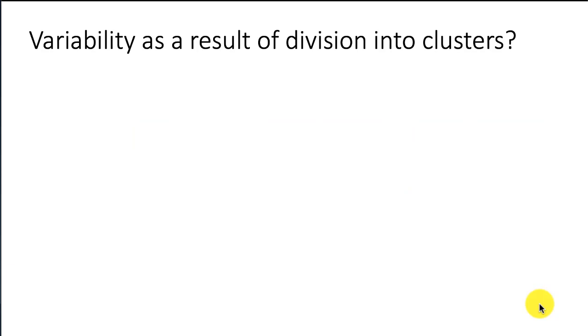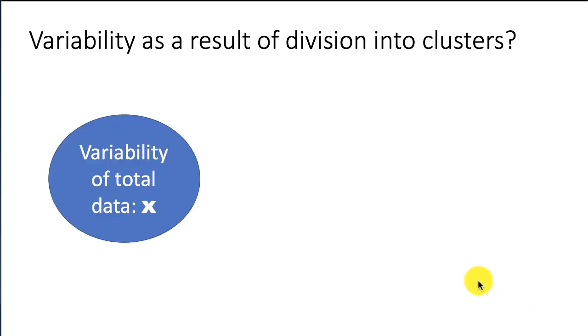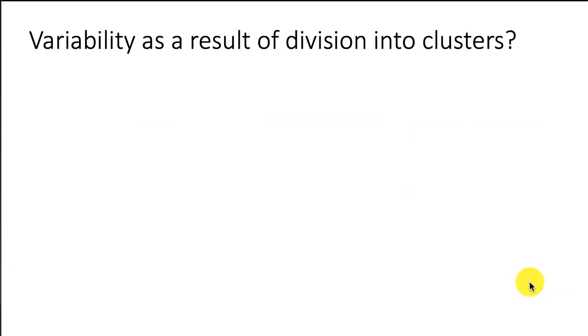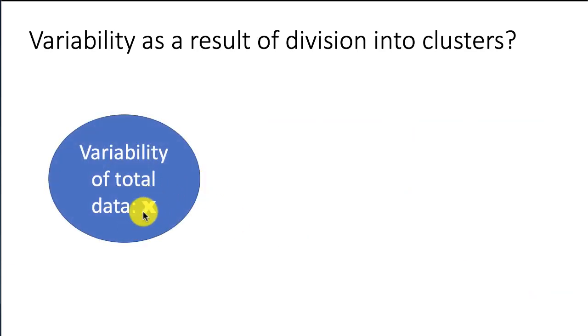Suppose you've got a data set, for example, the previous data set. We already calculated that the total variability there was 806.8. So let's say that this is that data set and X happens to be that 806.8.